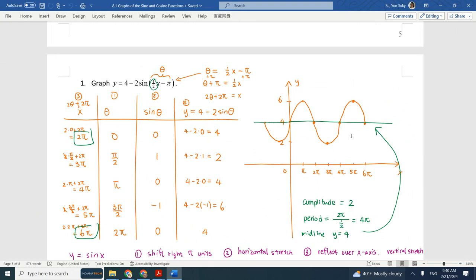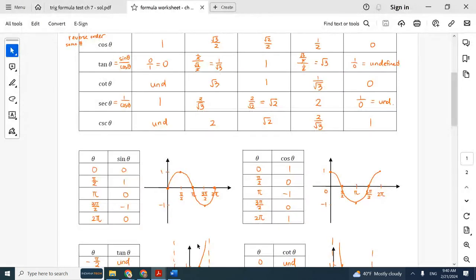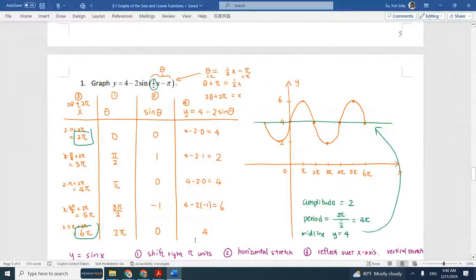And then the second step, you fill with the sine theta column. And how do you fill those up? You use the 5 key points. Do you still have this sheet with you? So keep that with you for this chapter. You need it a lot. So fill in the theta and sine theta columns. That's your first step.